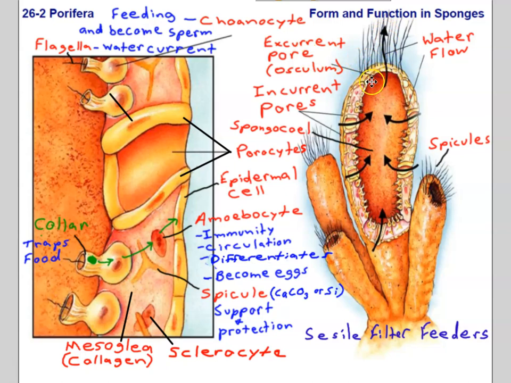In different species of sponges there may be many excurrent pores, but in a lot of species there's one excurrent pore, and that's called the osculum. The osculum is the one excurrent pore that the water goes out of in a sponge.